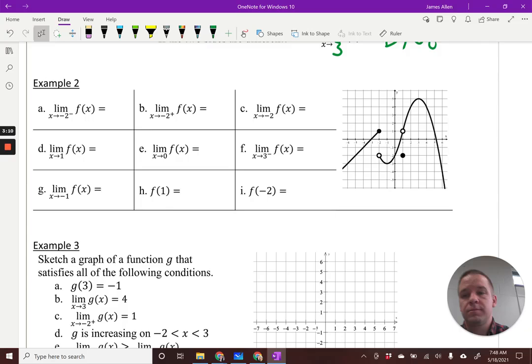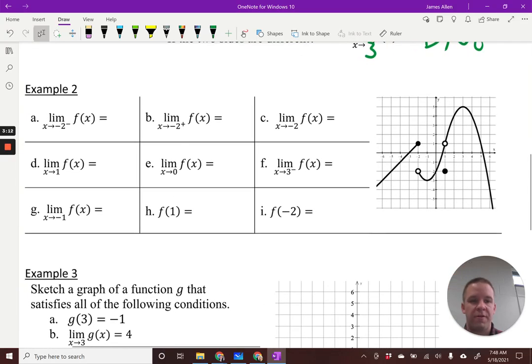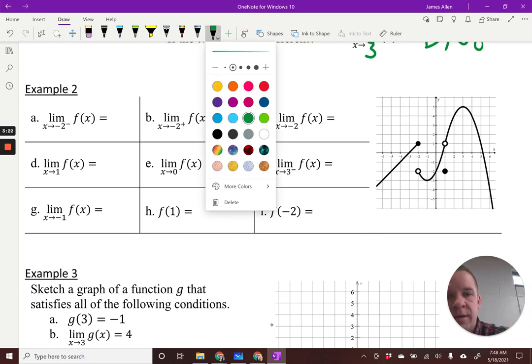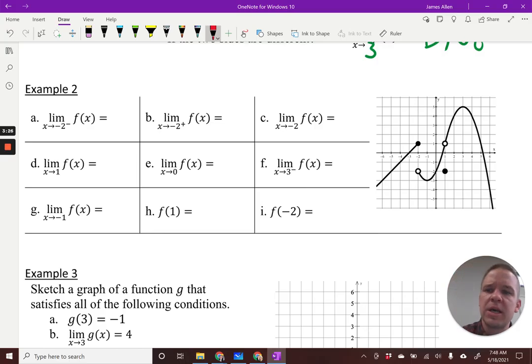Example 2. We've got this wonderful graph on the right-hand side here, and we've got 9 different questions to answer. So let's work through them. For the first one, we have the limit of f of x as x approaches -2 from the left.